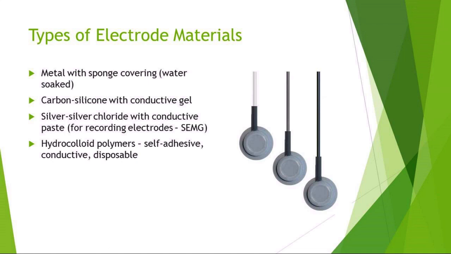You don't want to reuse them before you sterilize them. Silver chloride with conductive paste is usually used for recording electrodes like EMGs and EKGs, that sort of thing. What we see most commonly in the clinic for our physical therapy applications are the self-adhesive, conductive, disposable hydrocolloid polymer electrodes.